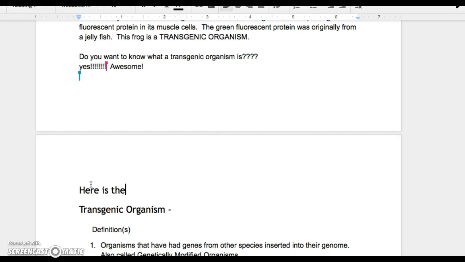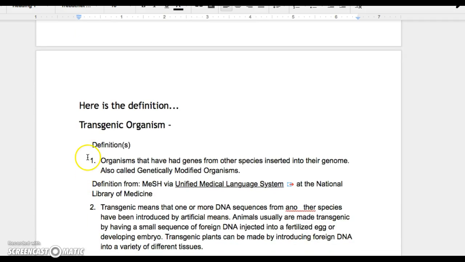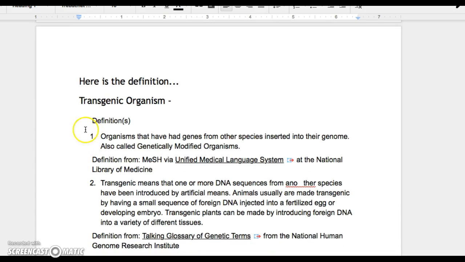Here's the definition, giving them two forms of the definition. Organisms that have had genes from other species inserted into their genome, also called genetically modified organisms, or transgenic, means that one or more DNA sequences from another species have been introduced by artificial means.